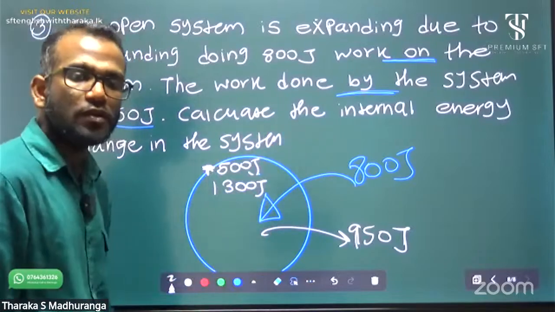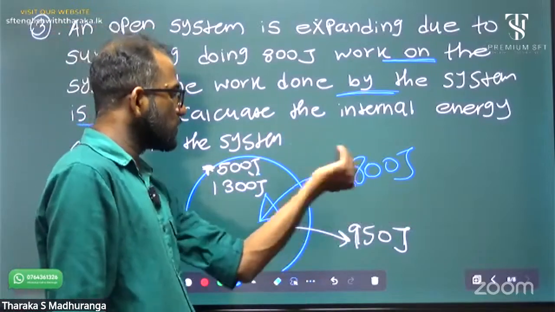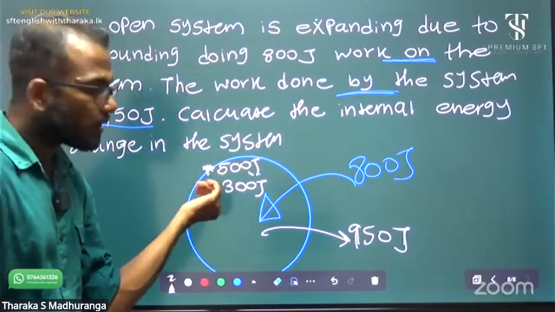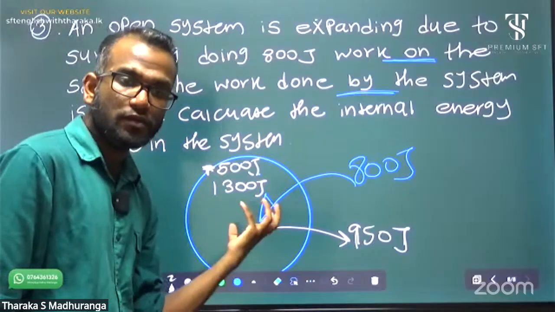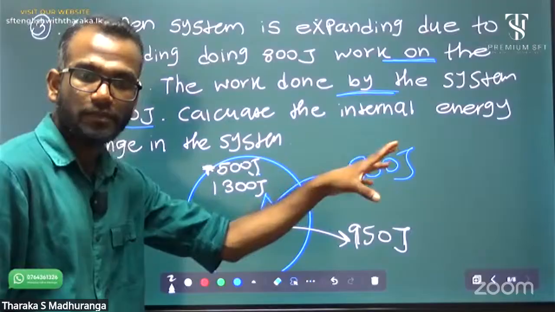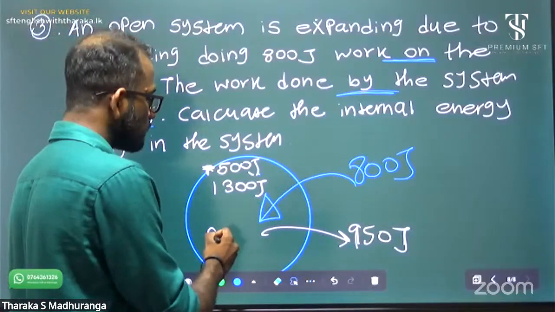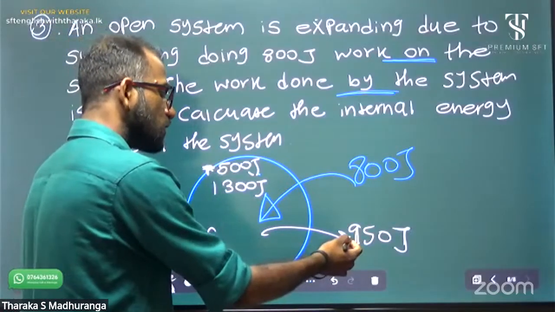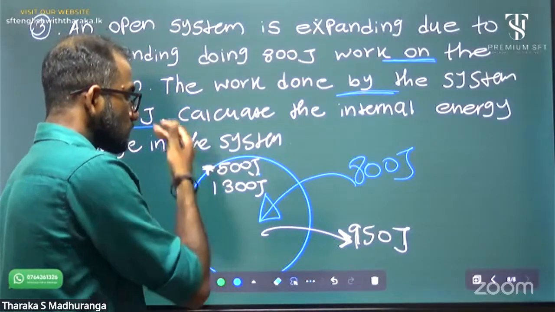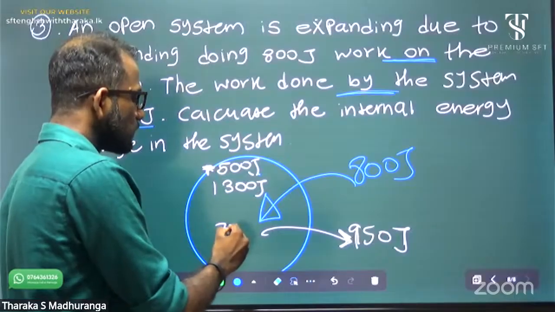Initial 500 joule, 800 joule work on the system, it is 1300, then 950 joule work done by the system, which means 950 joule lost. Then what is the remainder? 350, right?